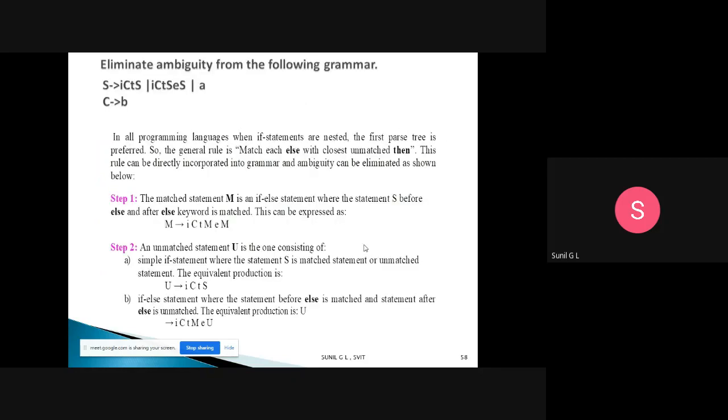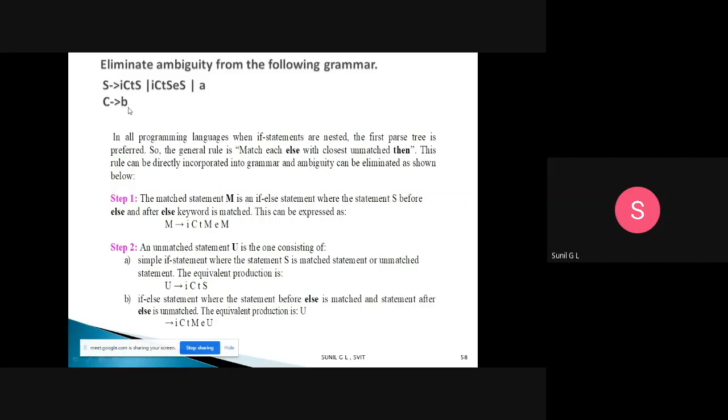Come to here. This is the production they have given: the initial production S tends to iCtS, where C is the condition, that is, if condition then statement. So this is a simple if statement. Then S tends to iCtSeS, that is, if condition then statement 1 else statement 2, which is an if-else statement. Then S tends to a, and C tends to b.